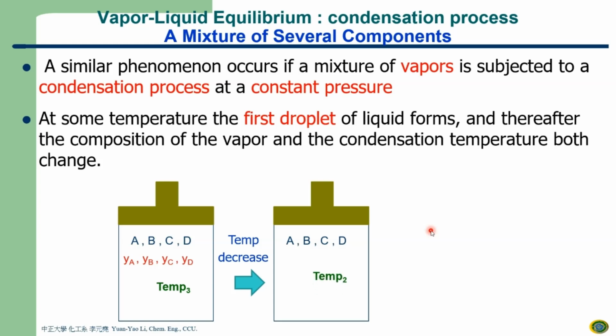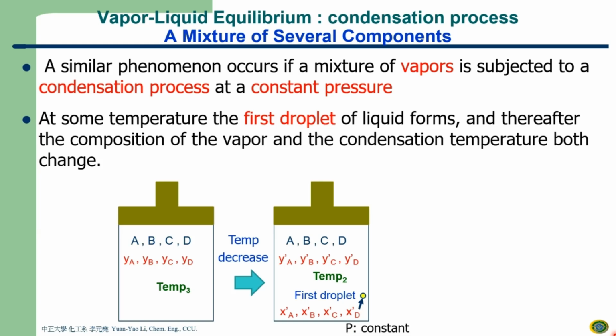So what happens if we reduce the temperature? The first drop of the water comes out, right? So this is what we call this droplet. What we call is what? Dew point. Remember dew point? We introduced this to you before. Dew point. Okay, and at this moment, I want you to find out the composition of this droplet, A, B, C, D, or the molar fraction of A species, B species, C species, and D species in this droplet.